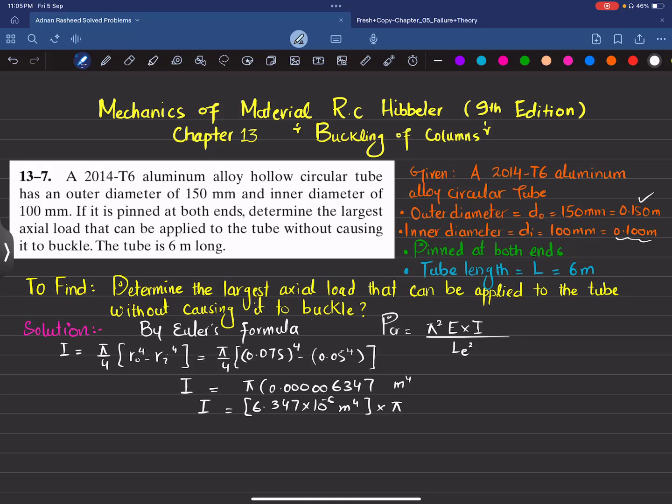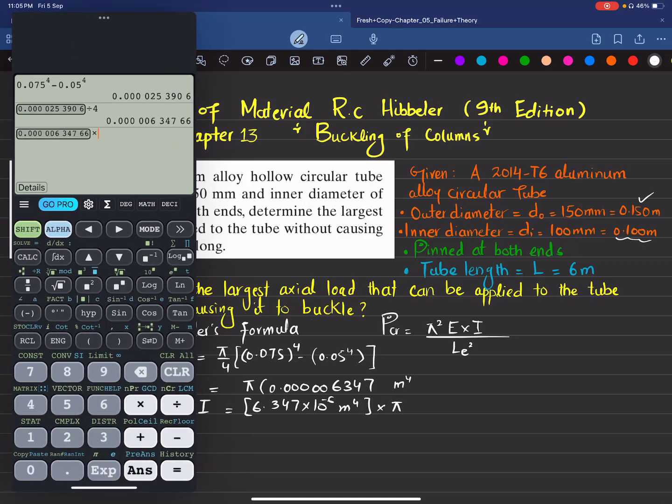So I will multiply it with 3.1417, and the I we will get will be equal to 1.994 into 10 raised to power minus 6 meter power 4.